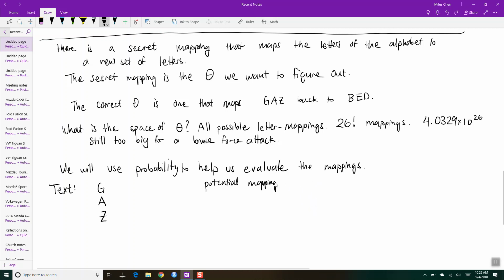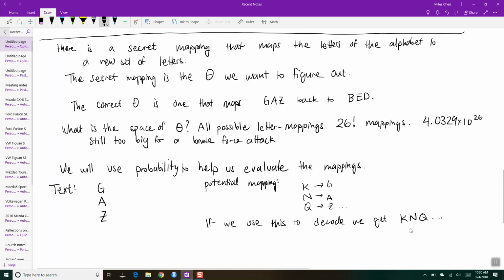But you figure out what it could be, and maybe it's like K, N, and Q, right? And maybe these map to GAZ. And then so under this mapping, if we use this to decode, we get K and Q, okay?